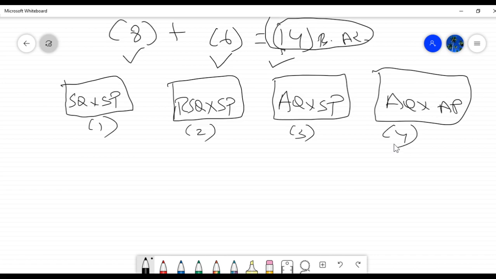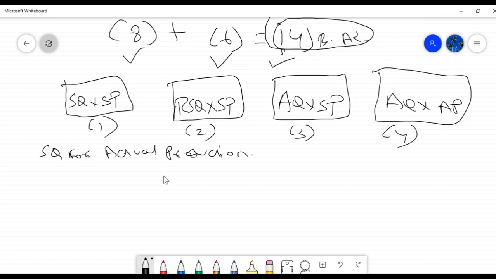So SQ means what? SQ means standard quantity for actual production. In this problem, what is output?